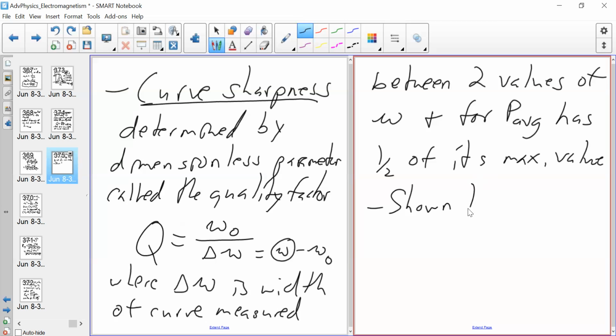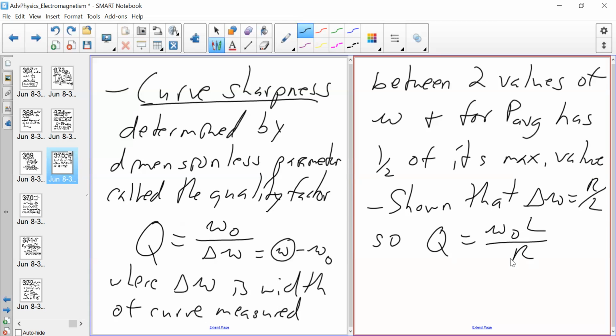Last thing, it is shown that delta omega equals R over L. So Q equals omega naught L over R. I'm not going to write up the radio stuff, but I've alluded to it. I've preceded everything here by saying that, oh, radio station at a resonant frequency, you tune into the resonant frequency. So that is just one application of all of this.